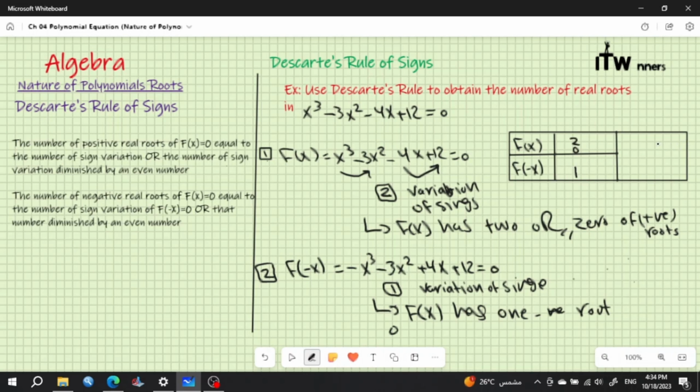So the imaginary roots can be 2 if the positive roots equal 0 and negative roots equal 1, or 0 if the positive roots equal 2 and the negative roots equal 1. Okay, another one.